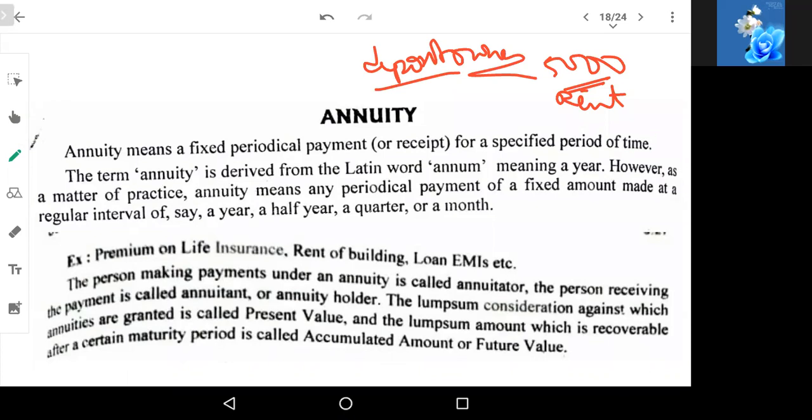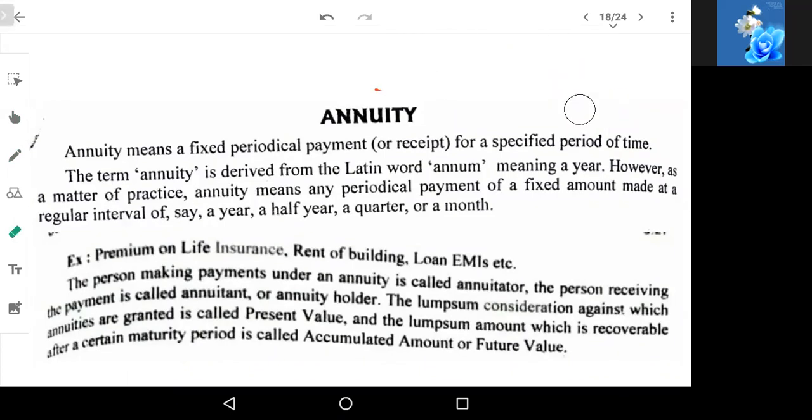It is best understood in life insurance. Say for example, they take an insurance at year 0 when the baby is born. Now that insurance is for, let's say, 20 years. Every year for 20 years, they will pay 200 rupees.